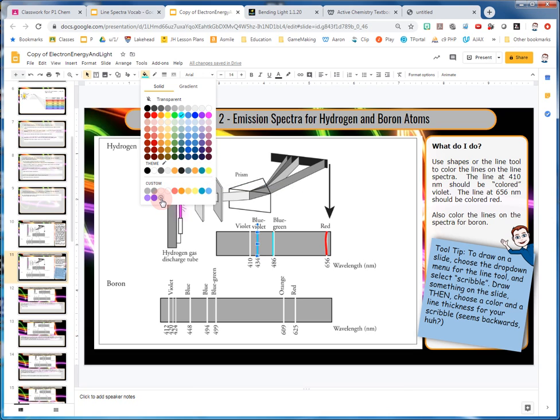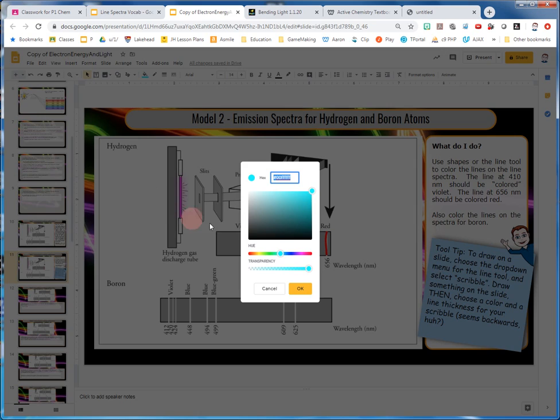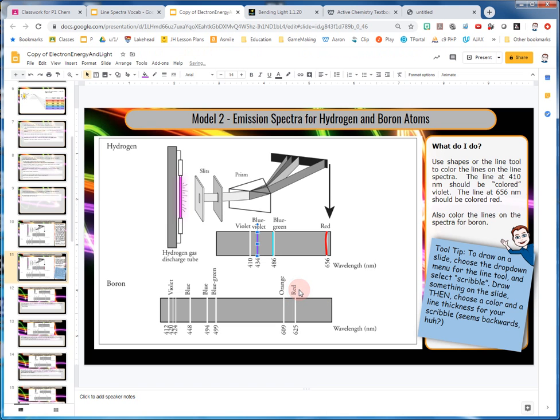We can come down here to custom color. And then here's blue, here's violet. Let's try and find something in between blue and violet. That's kind of a blue-violet, I would say.